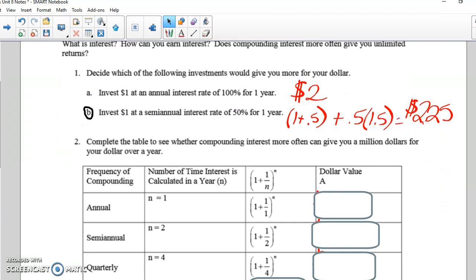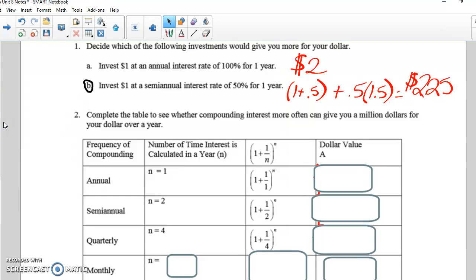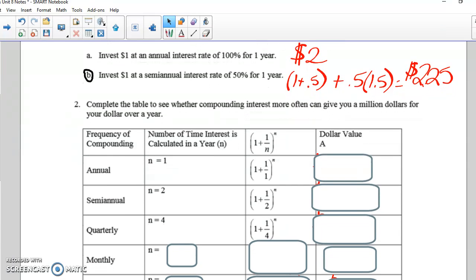Number two, we're going to go through this table, which is going to help us to see whether compounding interest more often, so having the interest rate more, can give you $1 million for your dollar over a year. Is that possible? Okay, let's go ahead and see. So we're going to start with the annual. What if I compound annually?